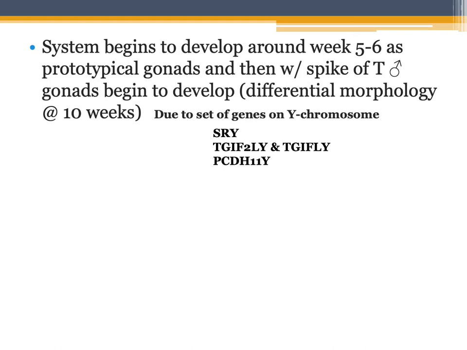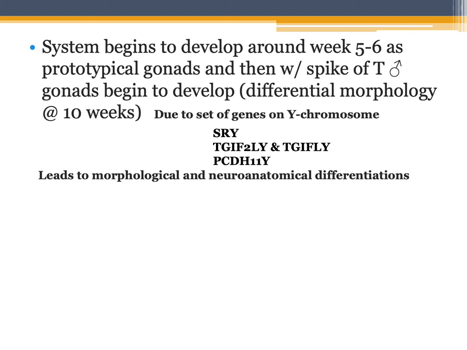What these genes do is that they lead to a differentiation away from what we deem the neutral gonad to be, and the neutral gonad is the female gonad, and this change based off of spikes of testosterone leads to changes of the urogenital morphology as well as the neuroanatomical morphology.